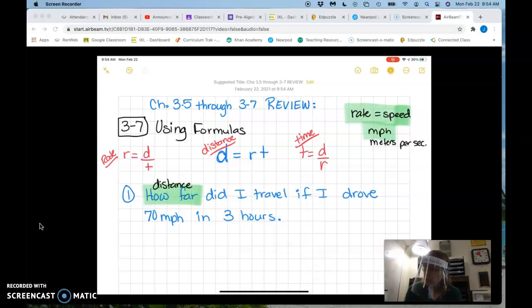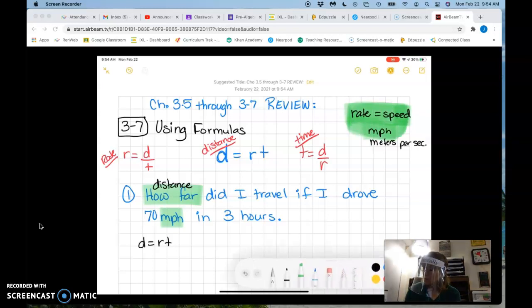So which formula am I using? Distance. So D equals RT. Now, we said that if you see miles per hour, you immediately need to think speed, which is the same as rate. So miles per hour is going to be our rate. And what is my time? 3 hours is my time.